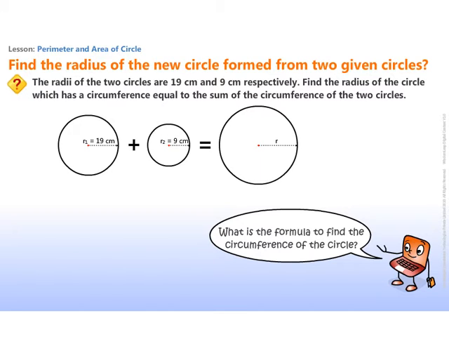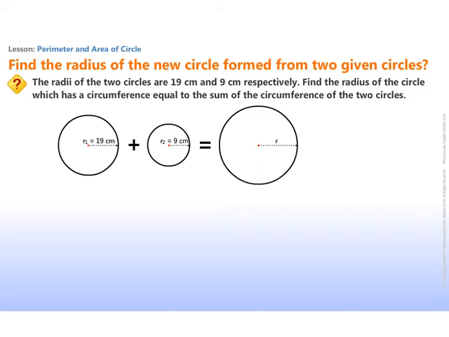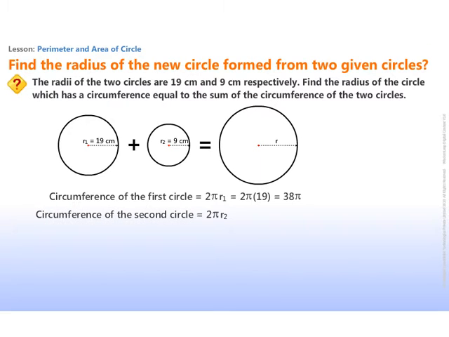What is the formula to find the circumference of the circle? So, circumference C is equal to 2 pi r. Substituting the values of radii in the first and second circles, we get the circumference of the first circle as equal to 38 pi and the circumference of the second circle as equal to 18 pi.